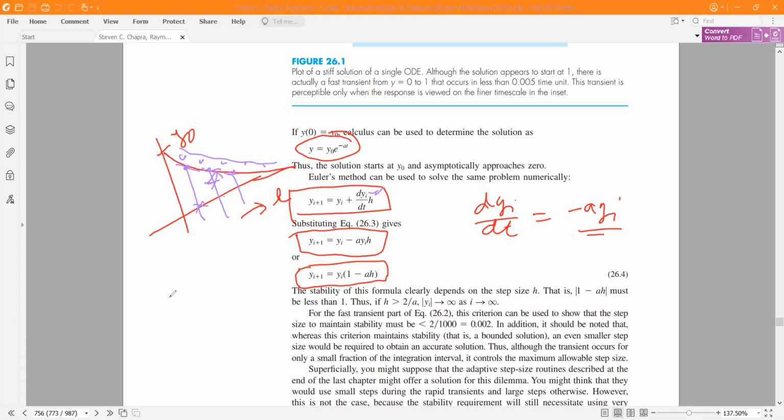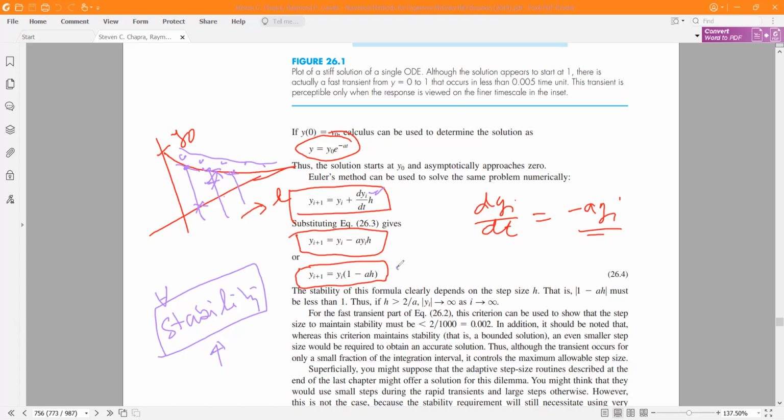If your error is getting amplified in your subsequent calculation, then your solution will be inaccurate, of course, but in addition to that, your algorithm will be unstable. For this reason, we have a term, stability, involved there. So how can that stability criteria or analysis be made in our algorithm?